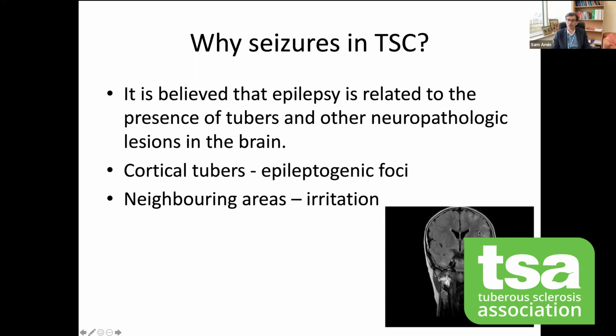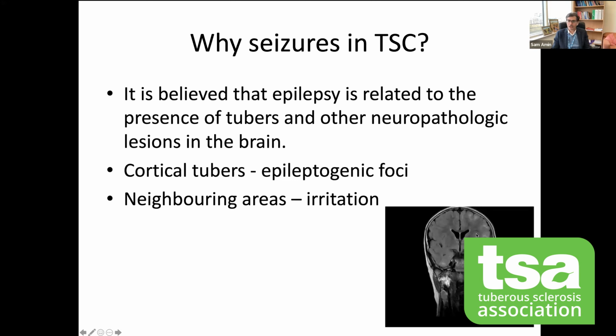So these tubers generally cause epilepsy. If you have someone with TSC but no white patches, I think almost certainly they don't get epilepsy. It would be very unusual to see someone with epilepsy with no tubers in the brain. So I think it's fair to say that these tubers play a significant role in generating seizure activity.